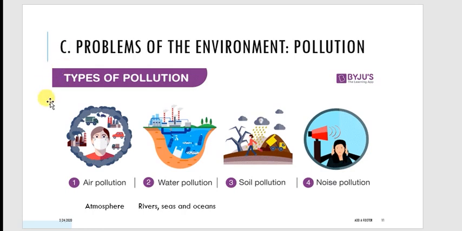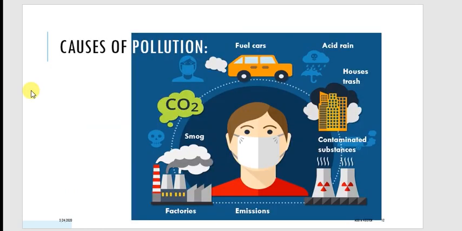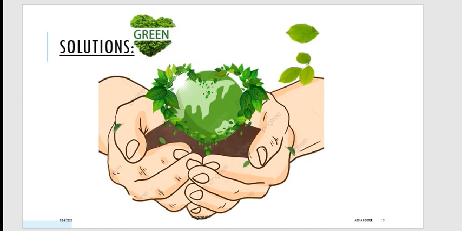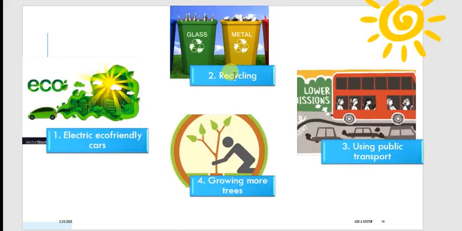We talked about some problems of the environment, most importantly, pollution. Causes of pollution: fuel cars, acid rain, the trash, the smog or smoke emissions from factories and cars. And finally, we talked about four practical solutions which we can implement to reduce the pollution of the environment and therefore save ourselves and save other beings' existence.